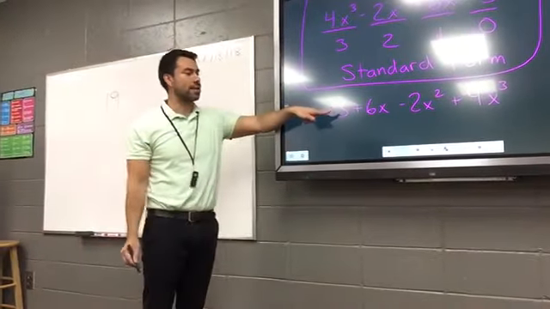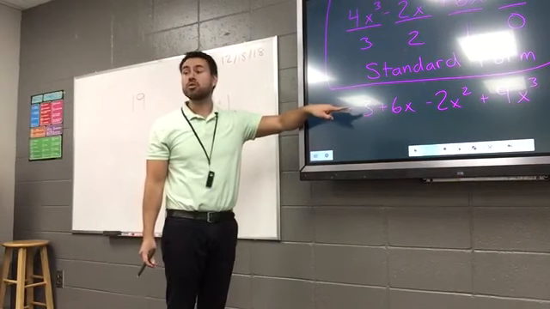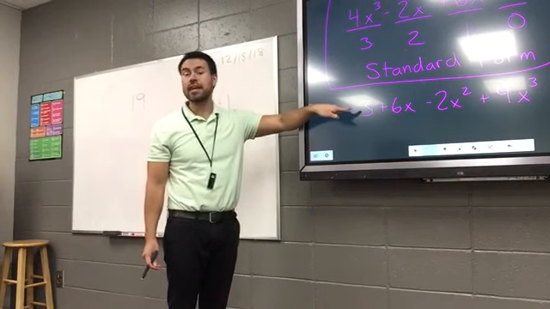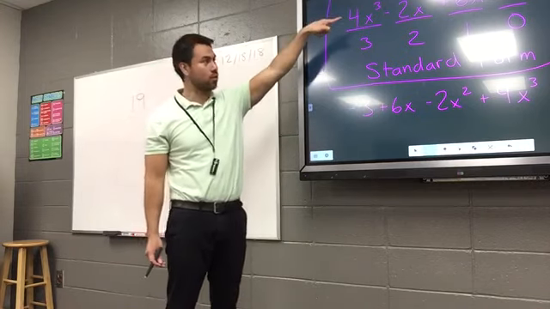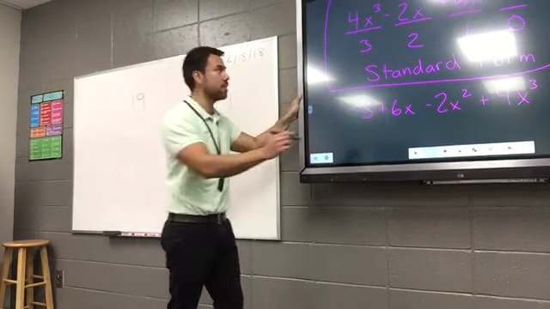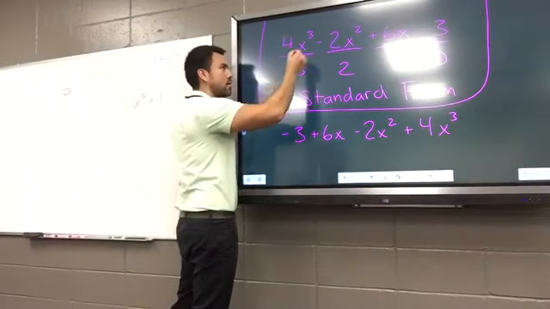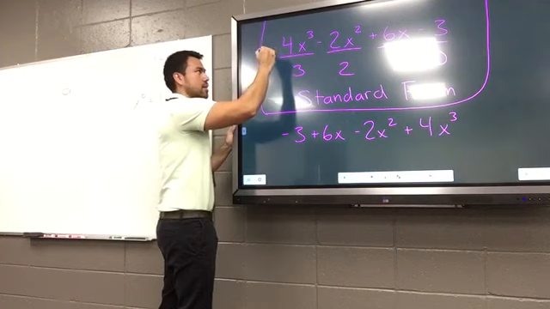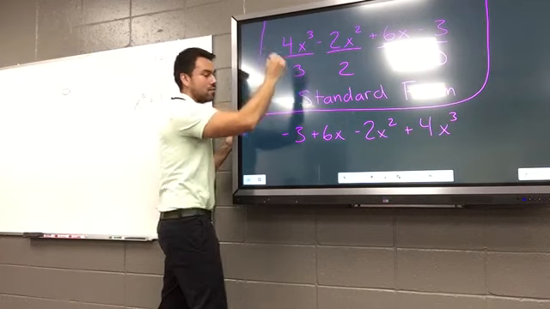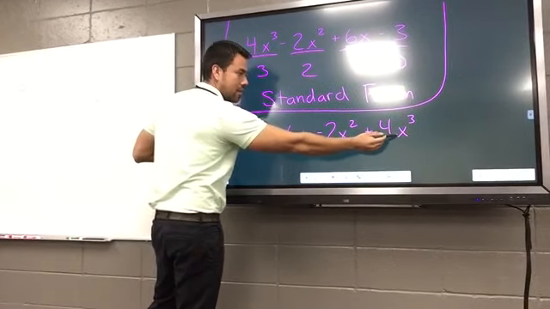Mr. Ray, why do I care about this? Because sometimes you get a problem that's written like this, and you have to rewrite it into standard form. Can you do it? Let's see here. Guys, what's the sign of 4x cubed? Positive.